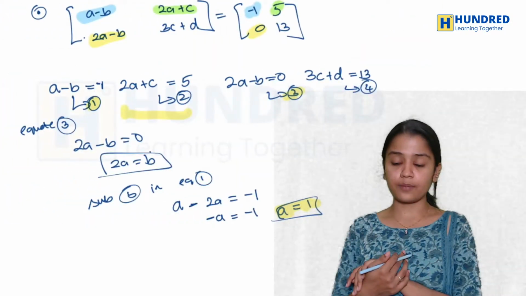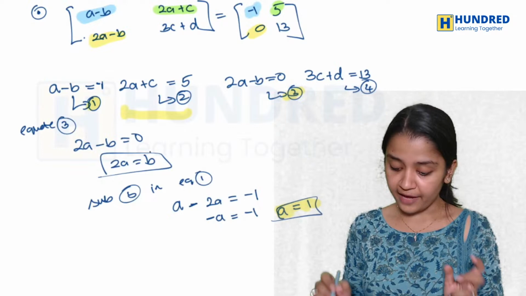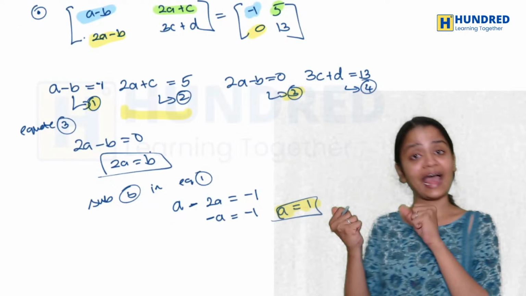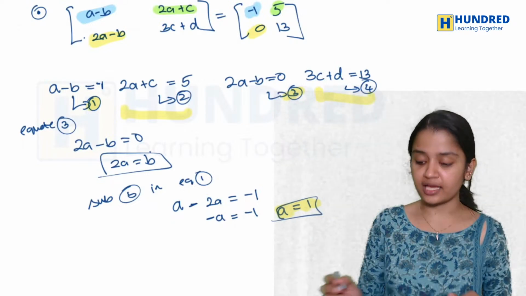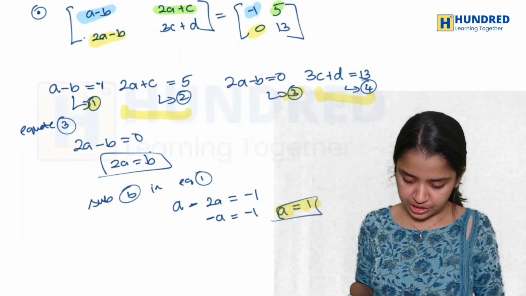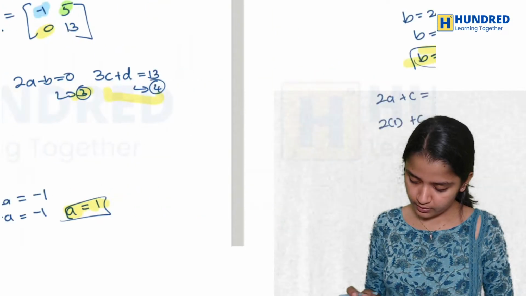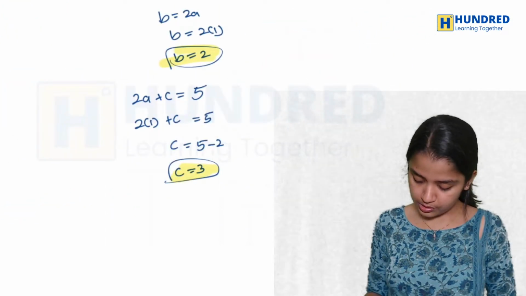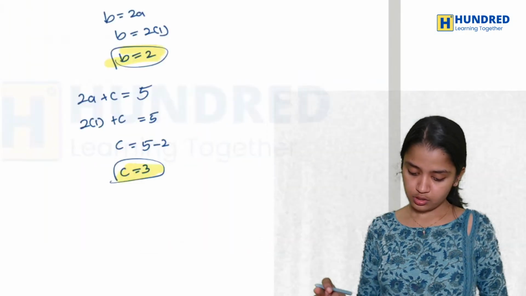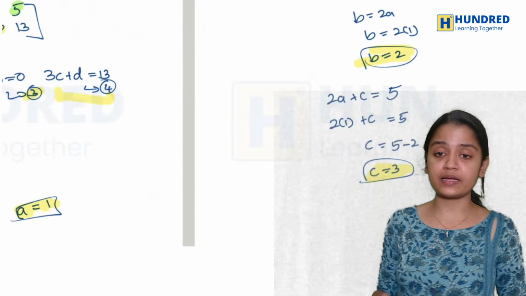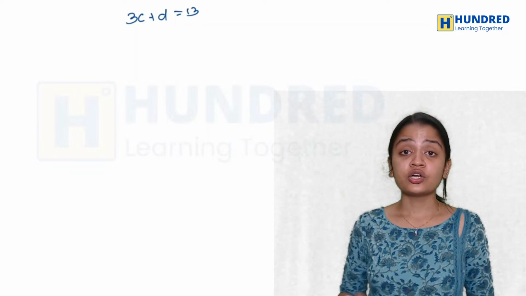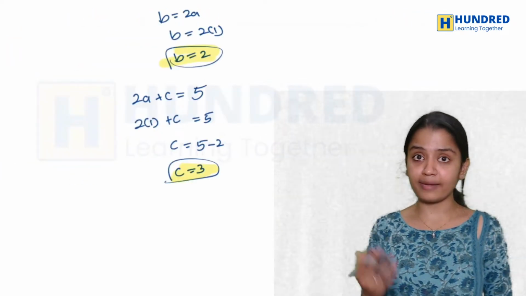Now let's check the other one. I have used my first, second and third equations. Now let me check the fourth equation. Fourth equation is 3C plus D is equal to 13, and I know my C value is 3.